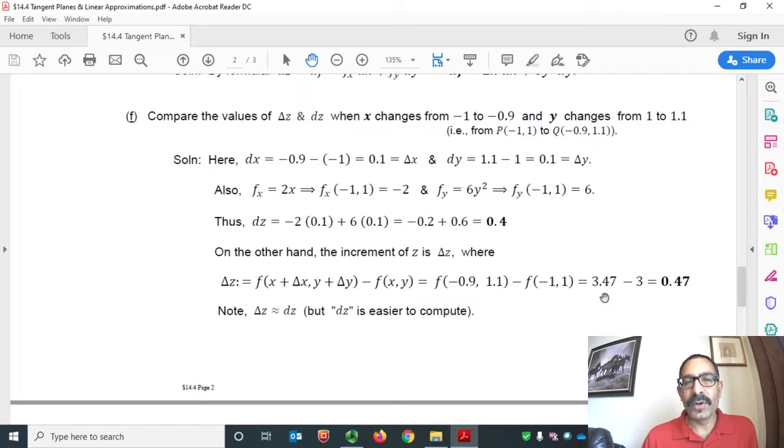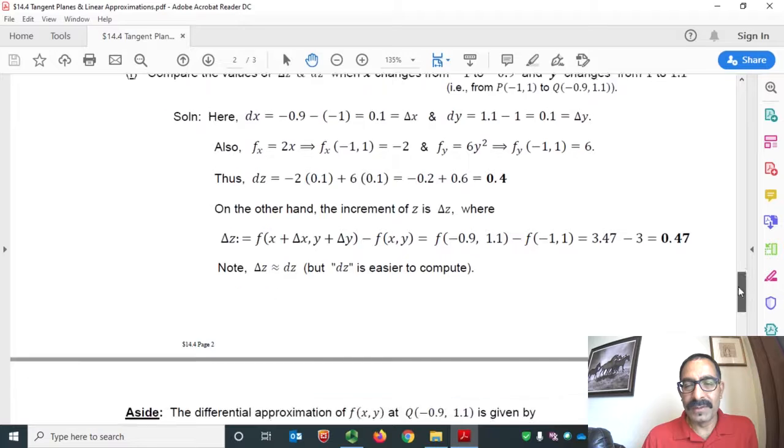You subtract 3.47 minus 3, which equals 0.47. Awesome. Now let's move on.